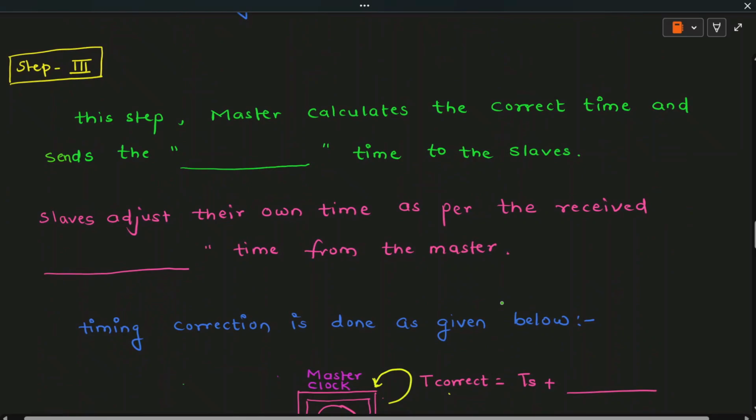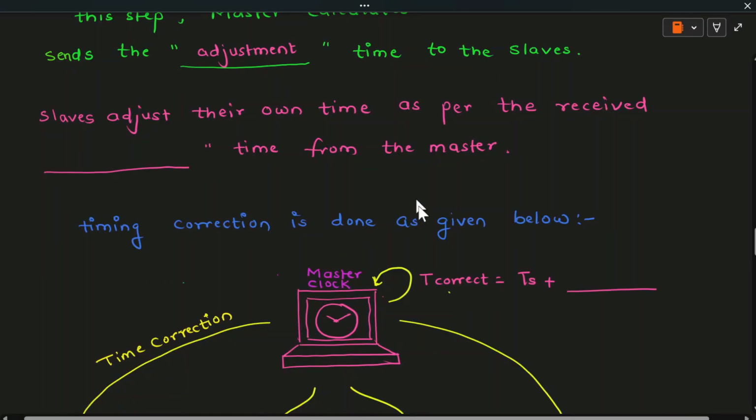Now let's go to step number 3. In step number 1 we calculated the time difference between the master and each and every slave. In step number 2 we computed the average of all the time differences, and now in step number 3, the master calculates the correct time and sends the adjustment time to the slaves.